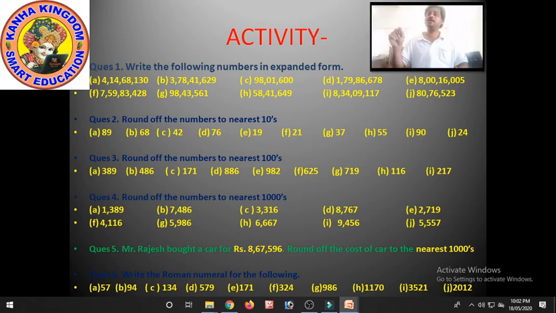If the hundreds place value is less than 5, then what do you have to do? The hundreds, tens and ones are converted into 0, and the rest of the numbers stay the same. Nothing you have to change.